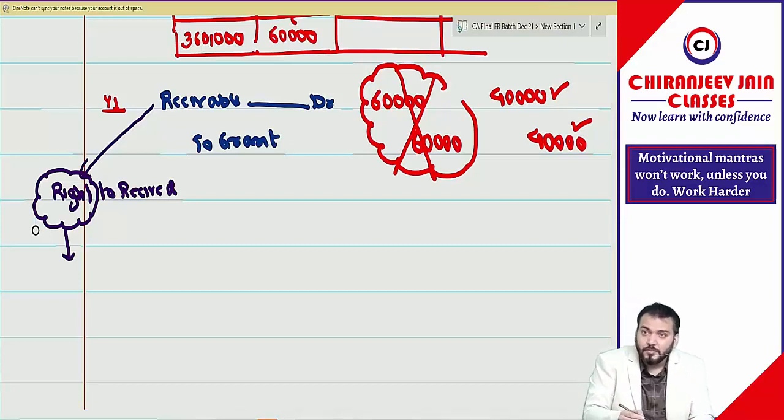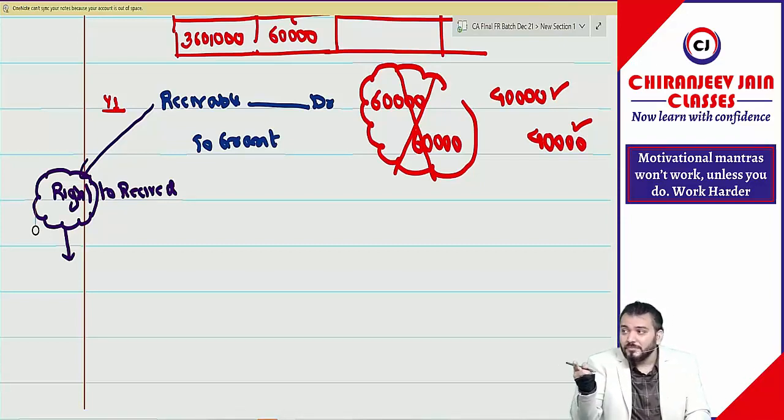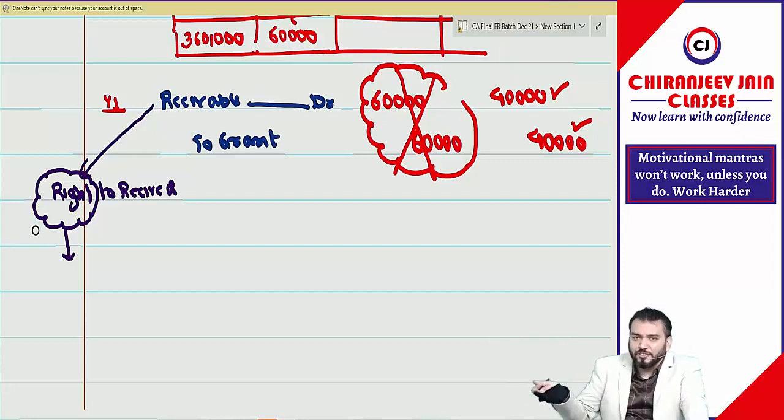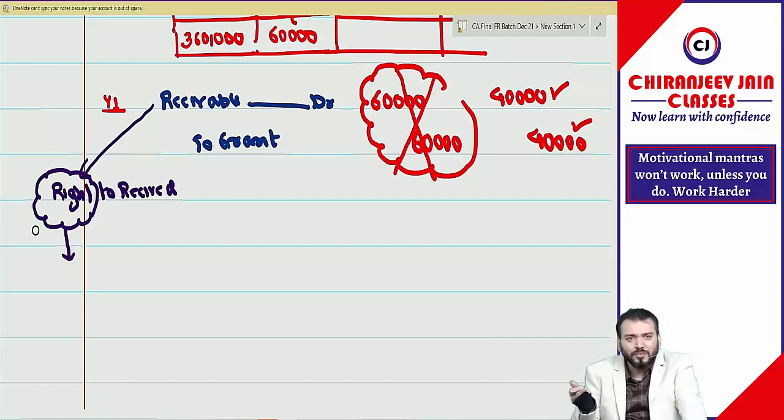Based on a condition. Right now you have a right to come in the class. Every student will not come in my class now, but you have a right to come in the class. How is this right generated? By way of paying fees. But by paying fees, based on what? Contract. By paying fees, by these.